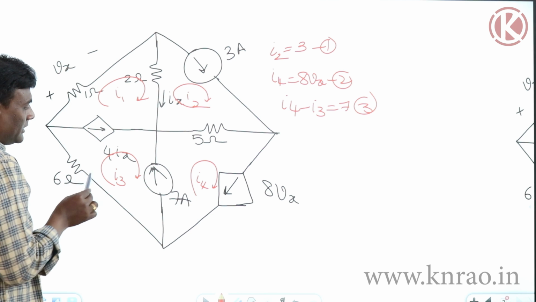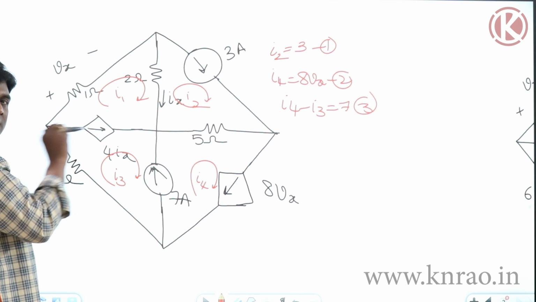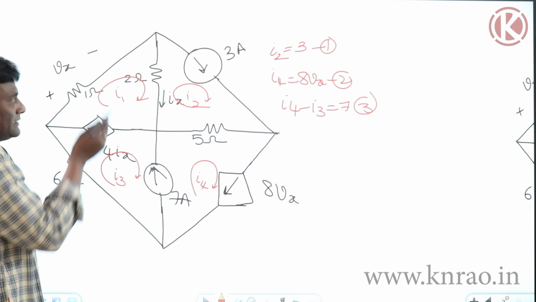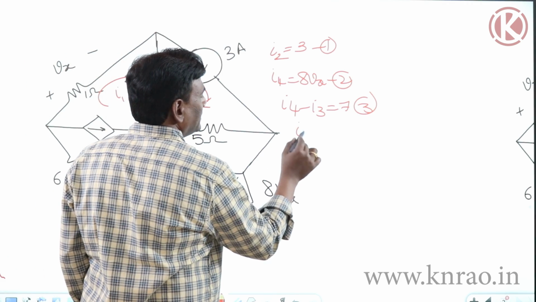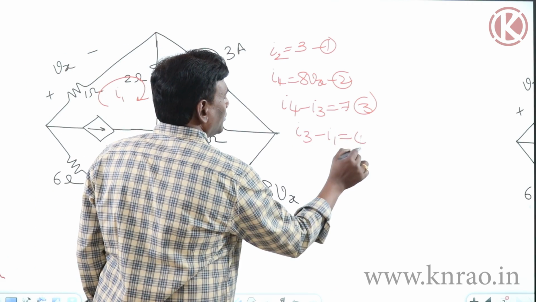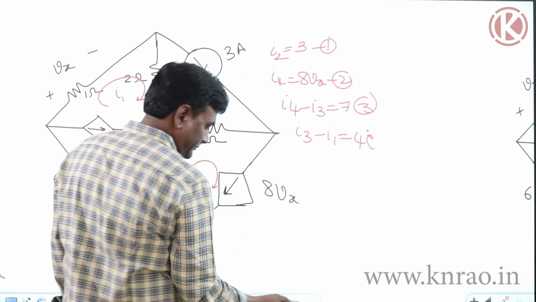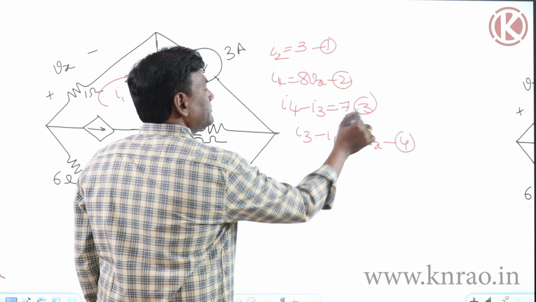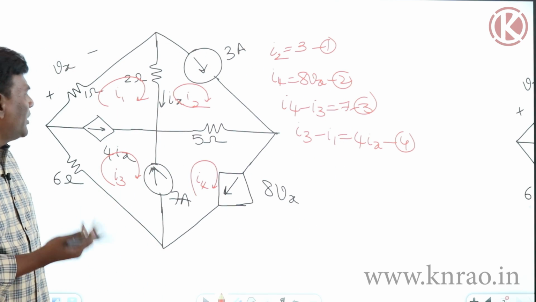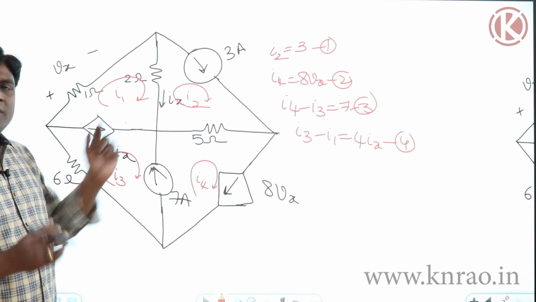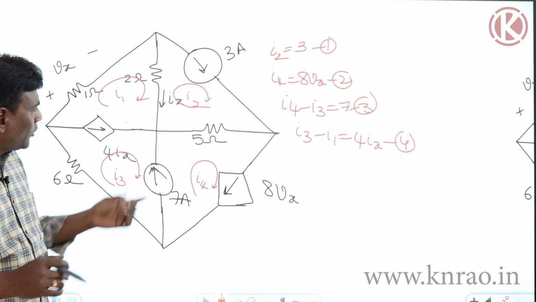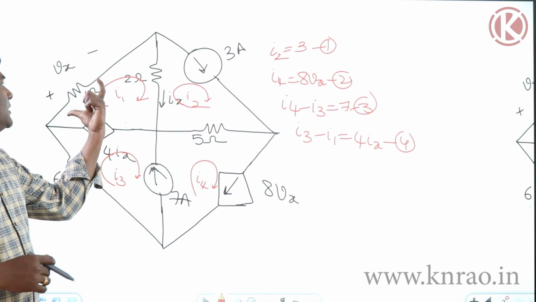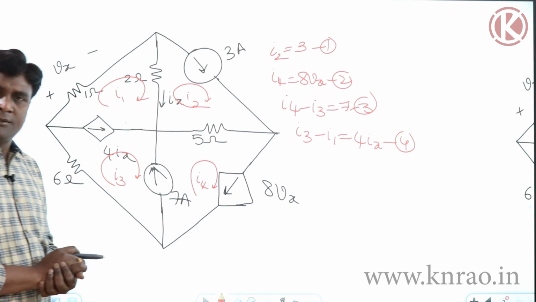Now I3 minus I1, because the current source direction is this direction, equal to 4ix. That is the fourth relation. What is ix? ix is nothing but I1 minus I2. And Vx equal to 1 into I1, that's it.